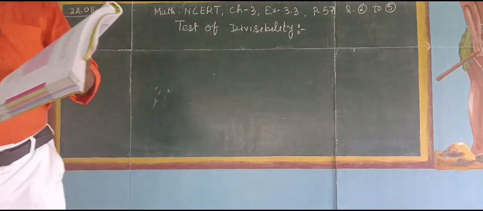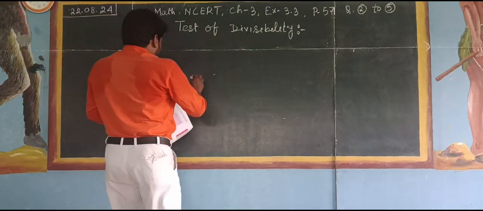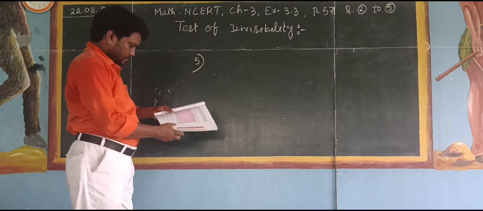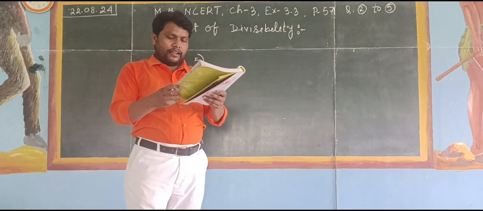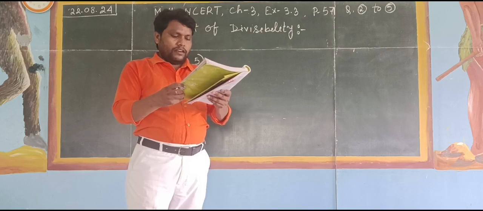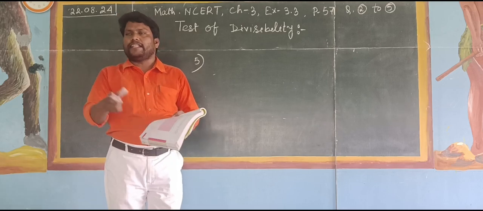Question number 5. Write the smallest digit and the greatest digit in the blank by using the test of divisibility by 3. The question is quite different from the others.